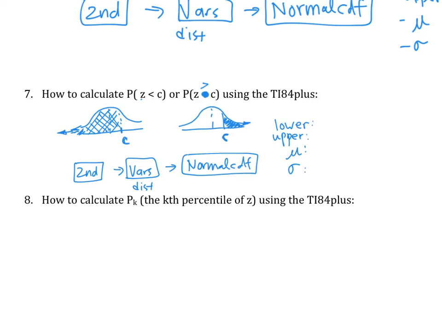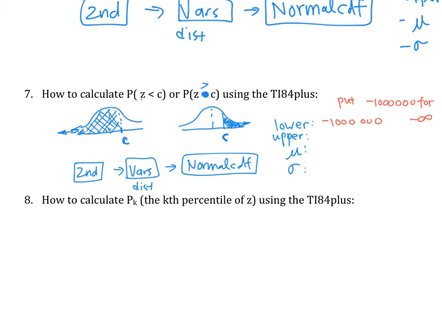In the first case, when things are going to negative infinity, unfortunately our calculator doesn't have a negative infinity sign. So what we're going to do is put in some big negative number like negative a million for negative infinity.